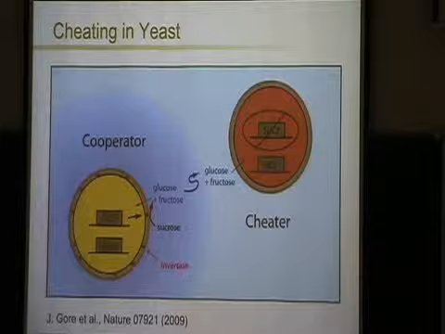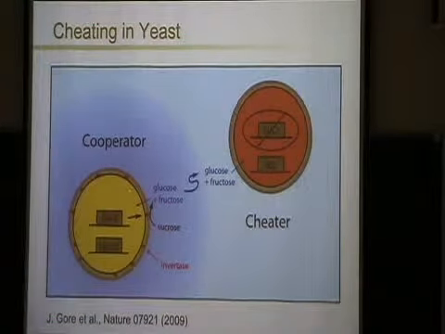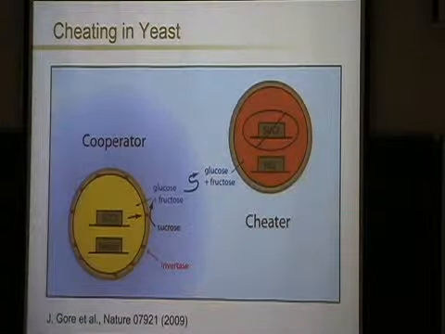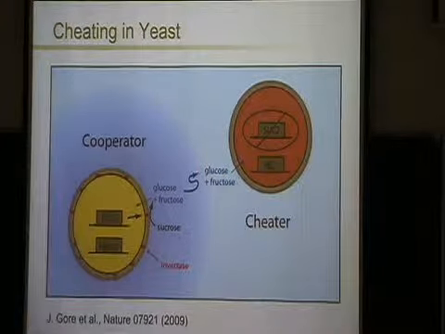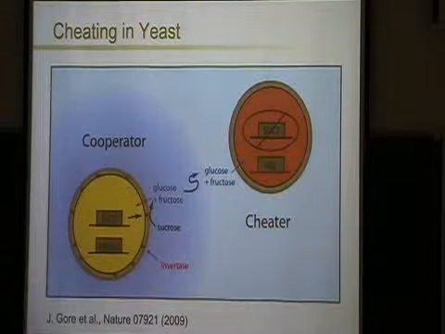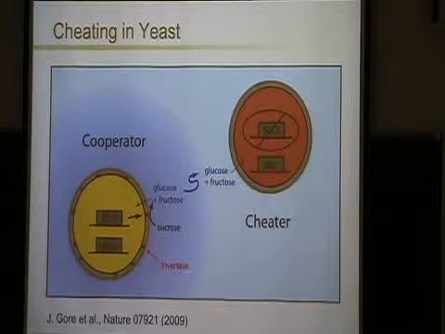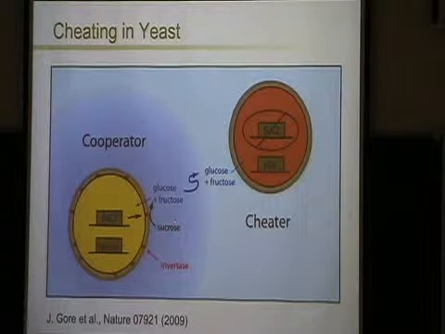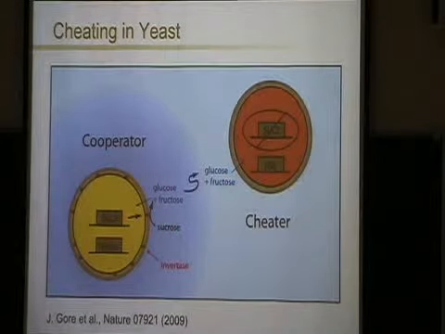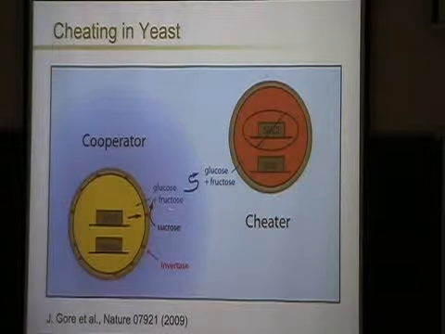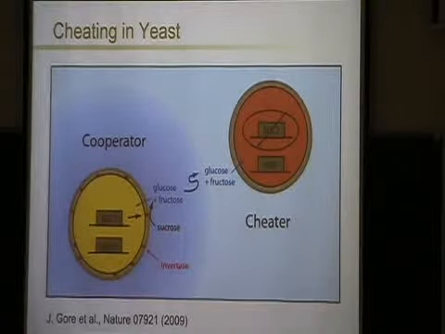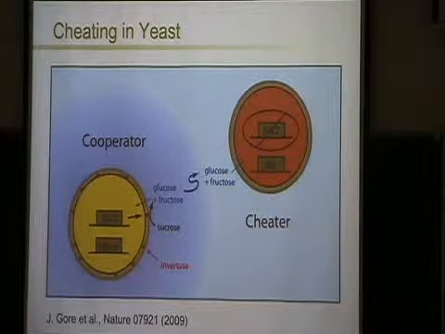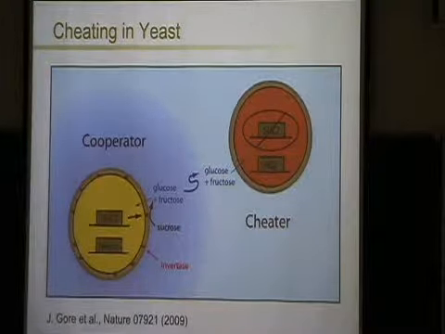If that's the case, then you need a machinery within the yeast which transforms this kind of sugar into the other type of sugar. That's done by a so-called invertase enzyme, which does the job of converting sucrose into fructose and glucose. For that you need, of course, a gene which produces the protein, and some of the yeast cells do have that gene and the invertase, but others don't.